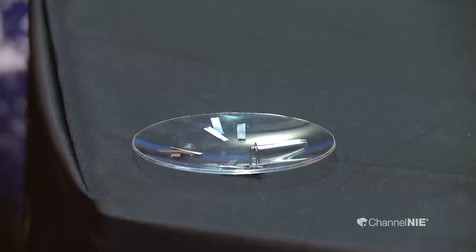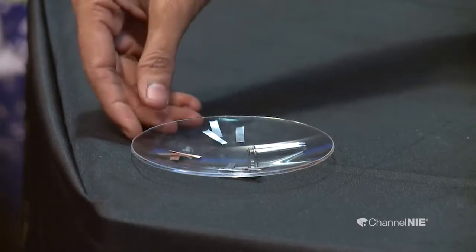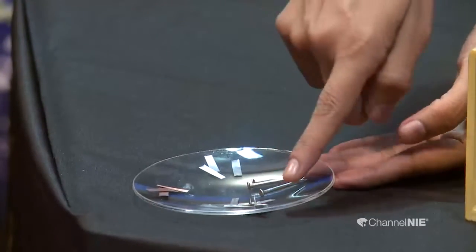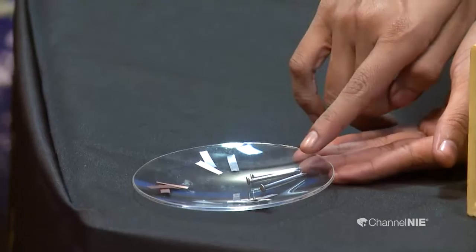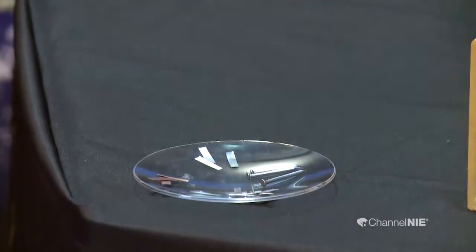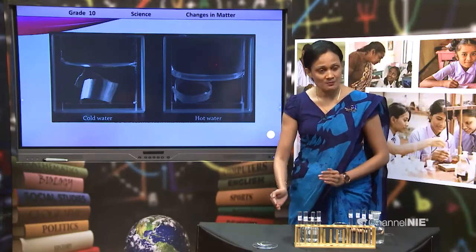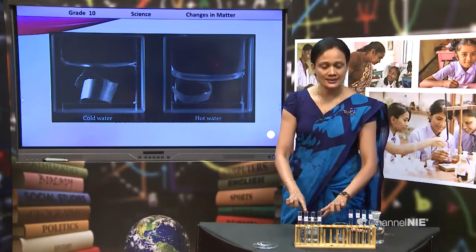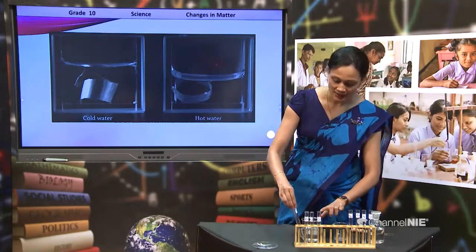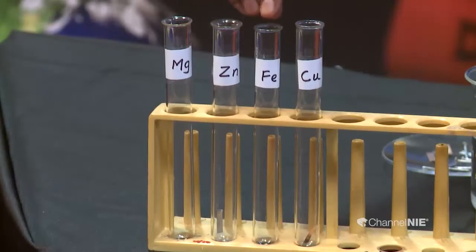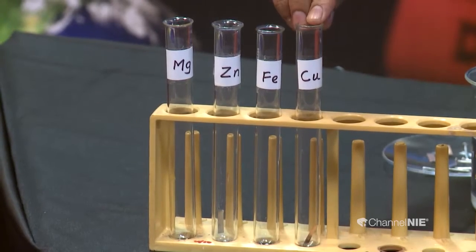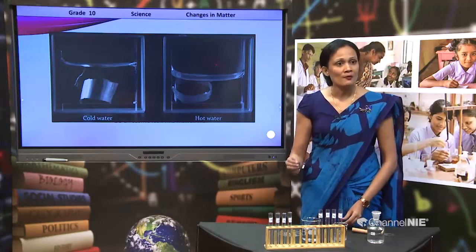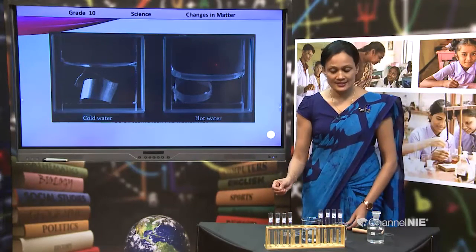Look at this. Here as metals, I have copper, magnesium, iron and zinc. Now I am going to check how these metals react with cold water. Here I have four test tubes labeled magnesium, zinc, iron and copper. Now I am going to add a strip of metal into each test tube.